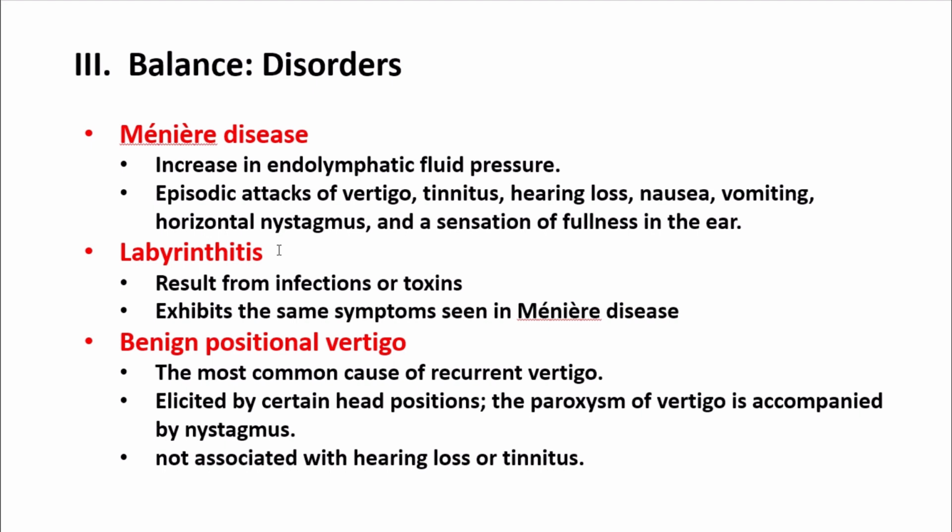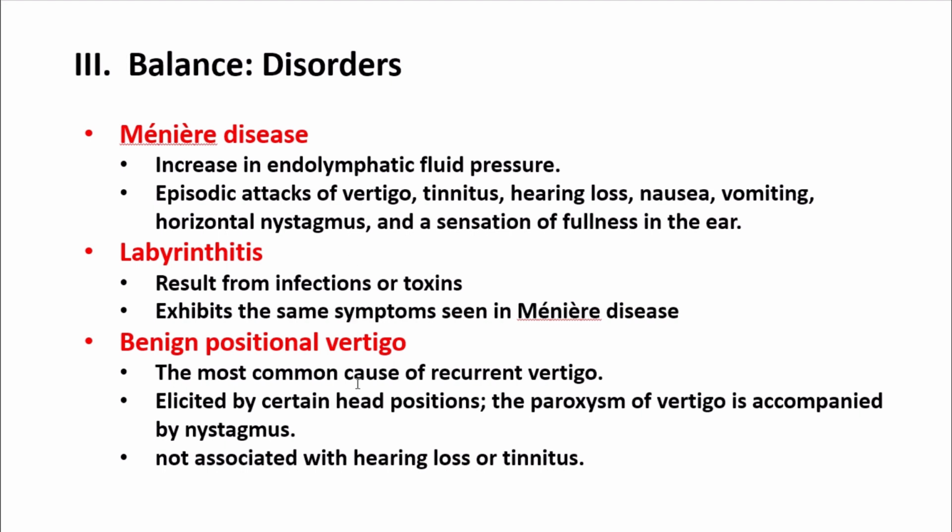So when they move their head, the otolith moves in a different direction, and that will stimulate the hair cells in the crista ampullaris. If they don't move their head, they do not get vertigo. So that's the cause.